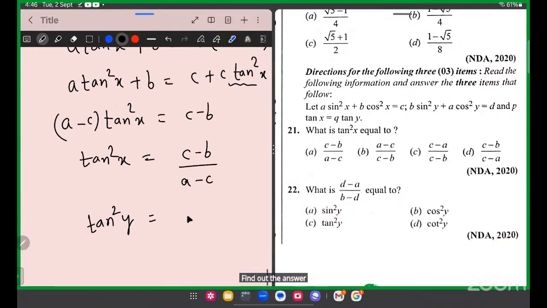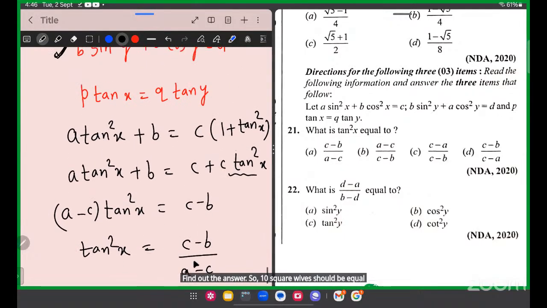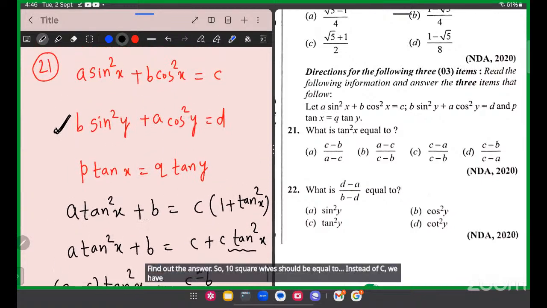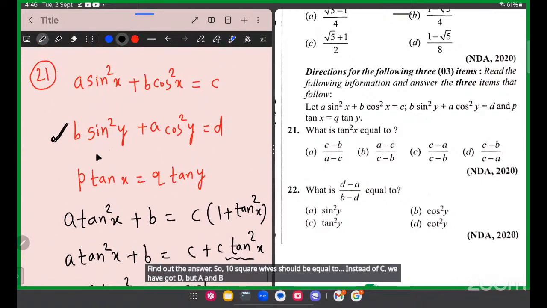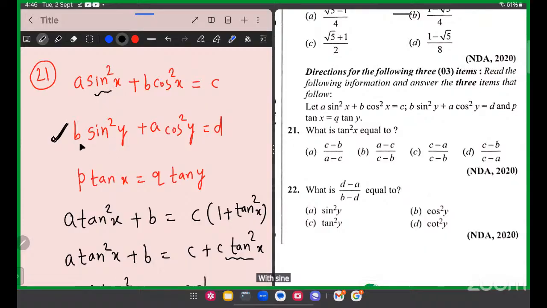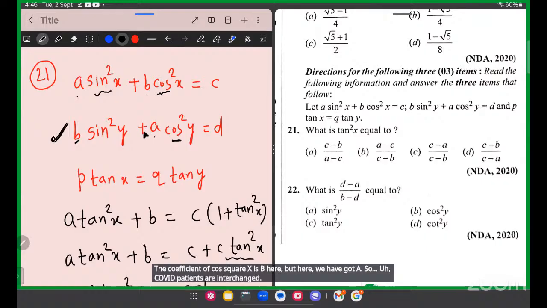So tan square y should be equal to, instead of c, we have got d, but a and b we need to interchange. See, here with sine square x, we have got a, but here we have got b. Similarly, the coefficient of cos square x is b here, but here we have got a. So coefficients are interchanged, right?